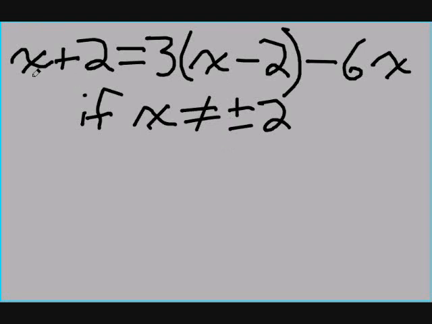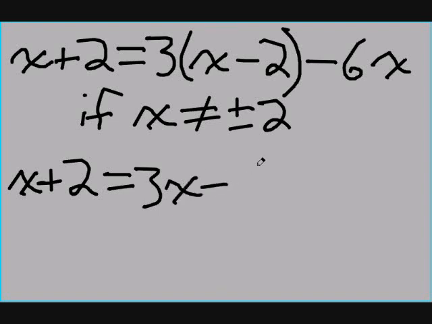So let's solve this. On the left-hand side, we just have x plus 2. Over here on the right hand side we distribute this 3 through, so we have a 3x minus 6 and then minus 6x.